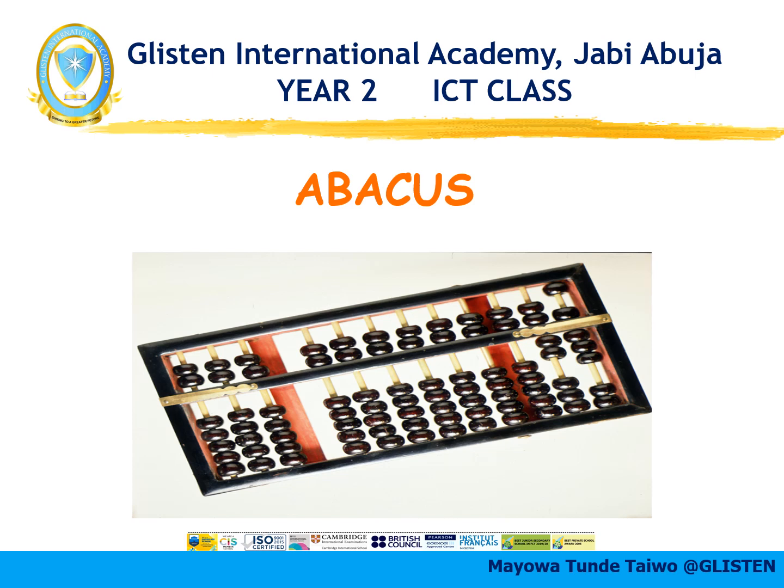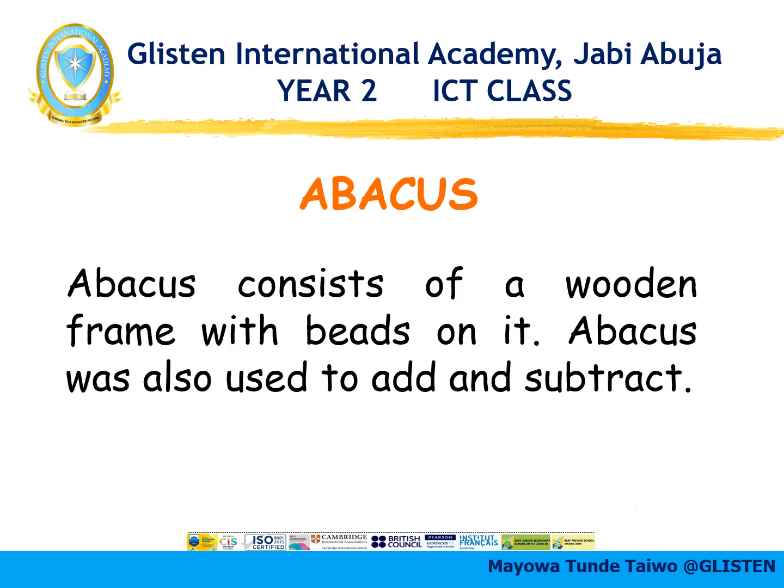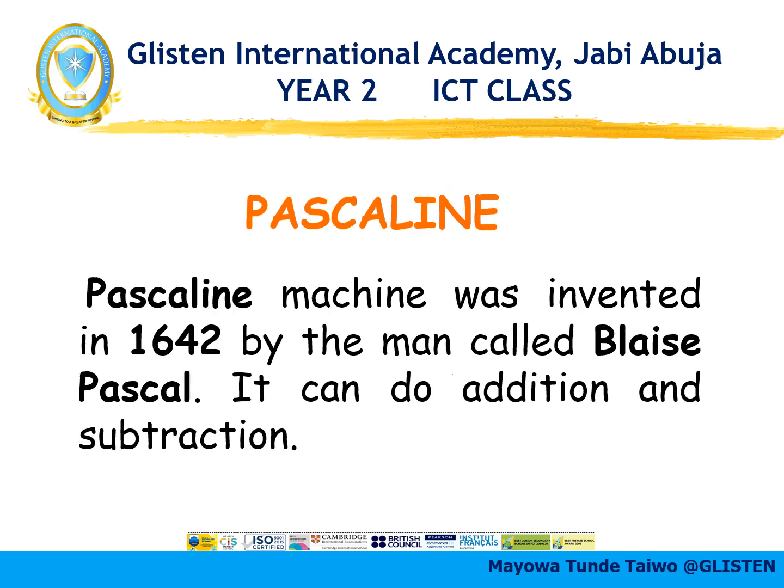They sat together and asked, what is the next? So they came up with the abacus. Some of you have started using this even from year 1. I'm sure you are familiar with it. The abacus consists of a wooden frame with beads on it. It was also used to add and subtract, as you can see from the picture there.